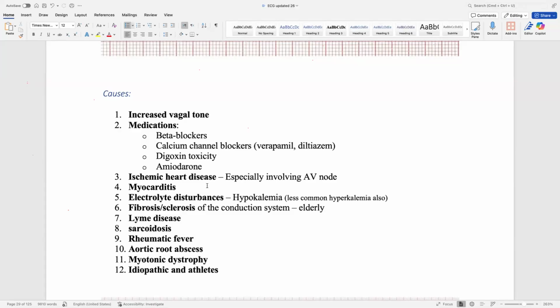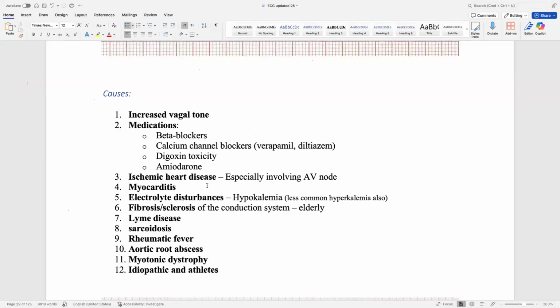It can lead to first or second or third, usually causing more serious types of AV block, the second and the third degree. Especially which artery? The AV node is supplied by which artery in most people? Right.